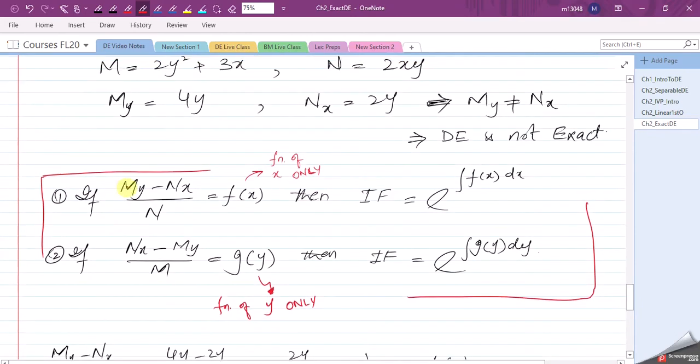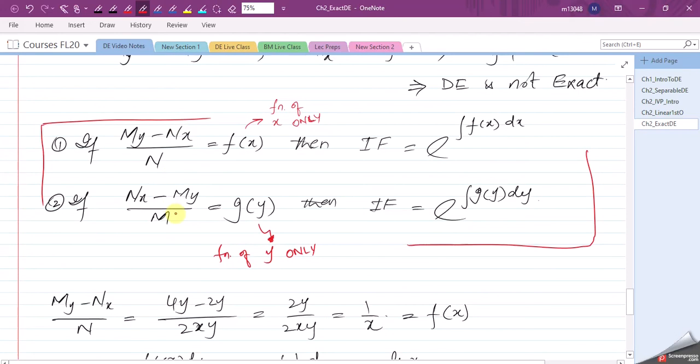First, you check (My − Nx) over N, simplify and see if you get a function of x. If yes, then this integrating factor will make it exact. If this doesn't work, then you try this one. Can we guess? Sometimes we can guess by looking at the functions, but even if you cannot guess, it doesn't take too long to check, so just check one by one. First check this one, then check this one.